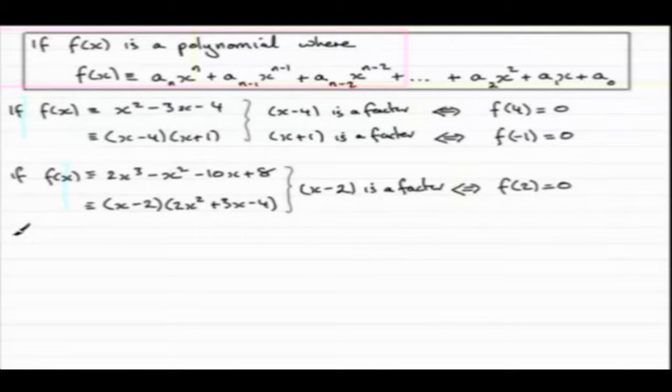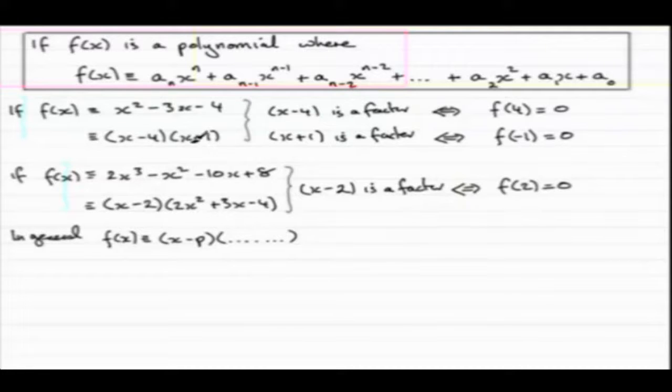So what I'm saying is, in general, if we were to take any polynomial f of x and it was possible to factorize it with a linear factor, let's suppose that linear factor was of the form x minus p. So you had x minus p multiplied by some other factor.